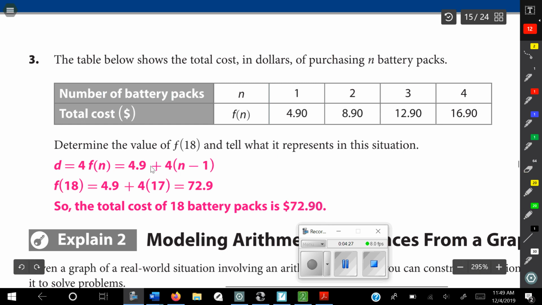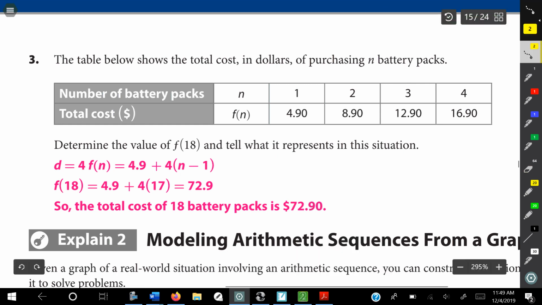So you write your explicit rule. They showed you the common difference here, and they wrote the rule here. Then they plugged in 18 in the n spot, and 18 minus 1 is 17. So that's how they got 17 there. And they went ahead and solved it and got $72.90.